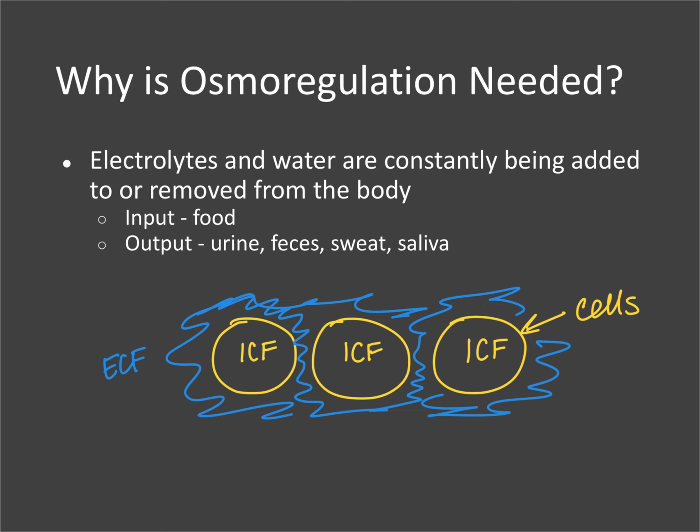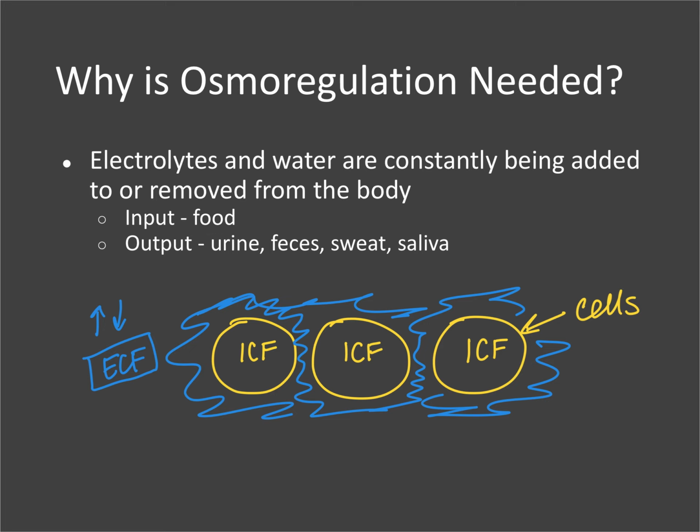So in animals that require osmoregulation, there are structures and systems in place that work to maintain an isotonic extracellular fluid. The cells need to stay the same, so they're going to have a certain intracellular concentration that really should not change. It's the extracellular fluid that is constantly changing with regards to how much water and salt is present.